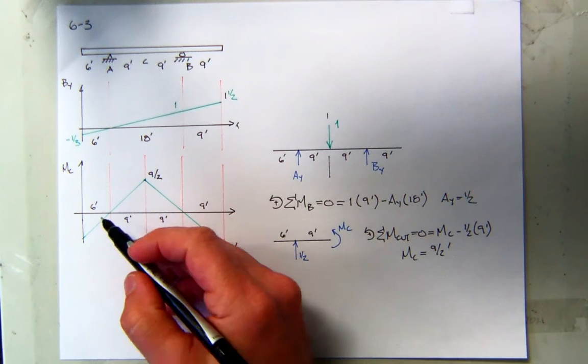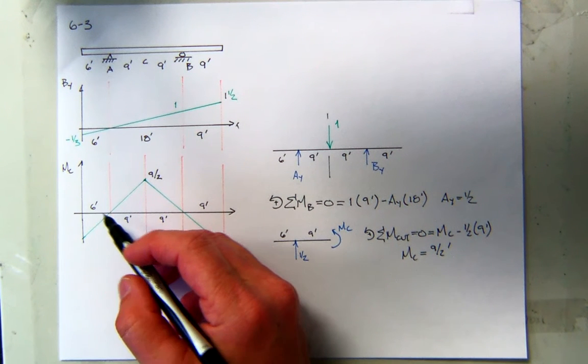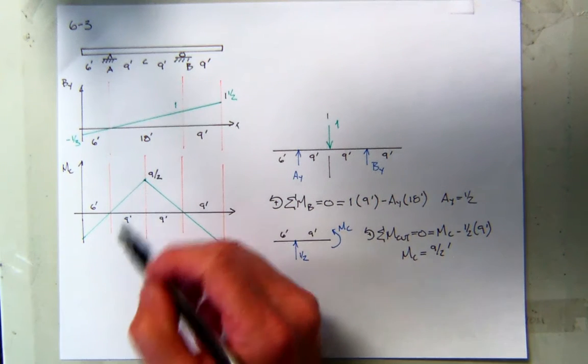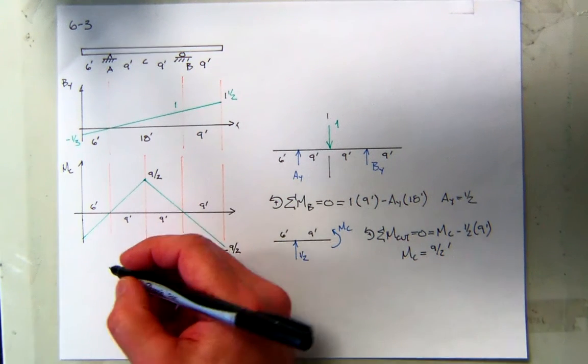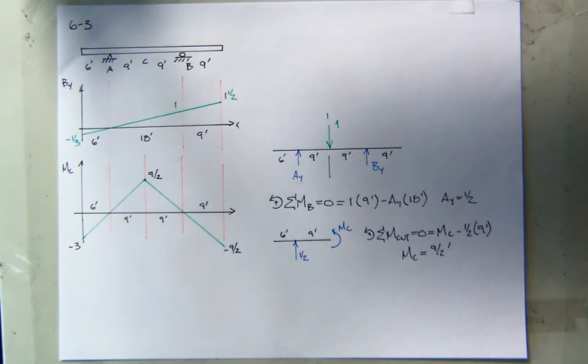So 9/2 is to 9 as what is to 6? Well, 6 is 2/3 of 9, so I need 2/3 of that. The 2 cancels, I get 9/3. It ends up being -3. So the moment influence line takes a little bit longer to construct.